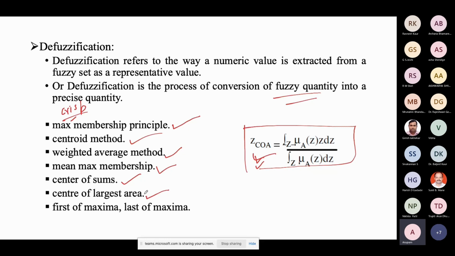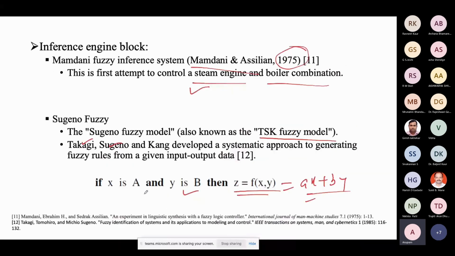Okay, so now this inference engine, we have two types, Mamdani and Sugeno. Mostly we are talking about these two techniques, right? So here you can see that Takagi, Sugeno and Kang developed this technique around 1985. The paper was published in IEEE Transactions on Systems, Man and Cybernetics, right?